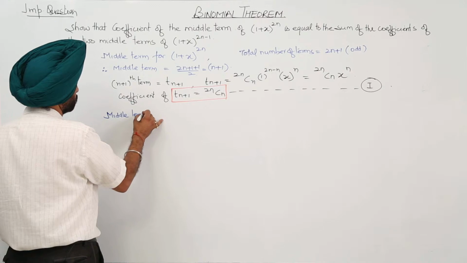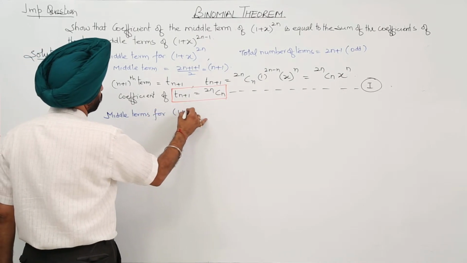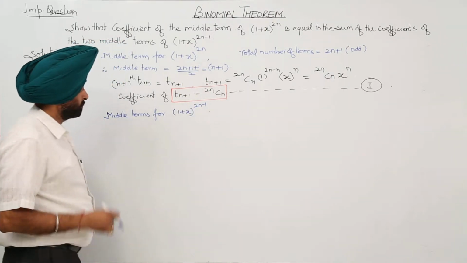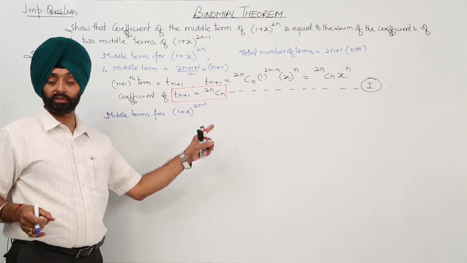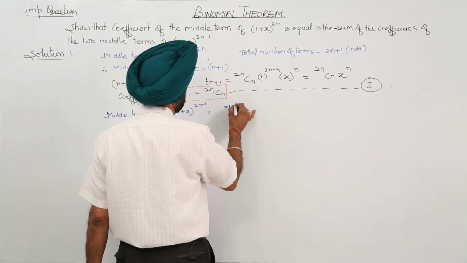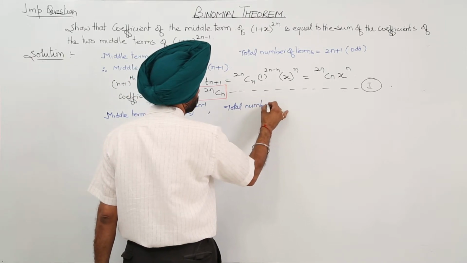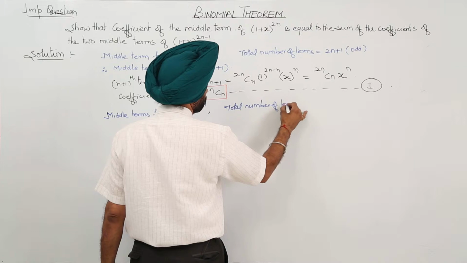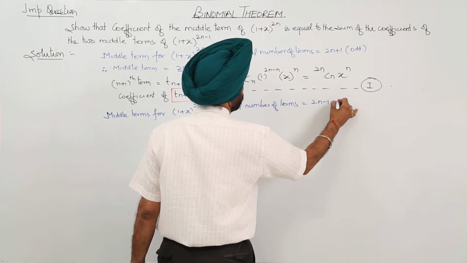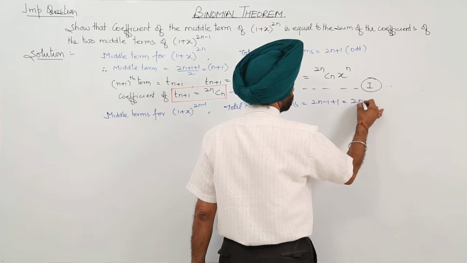Middle terms for (1 + x)^(2n-1). Now the exponent 2n - 1 is what? Odd. Now the total number of terms is equal to 2n - 1 + 1, and this is equal to 2n.